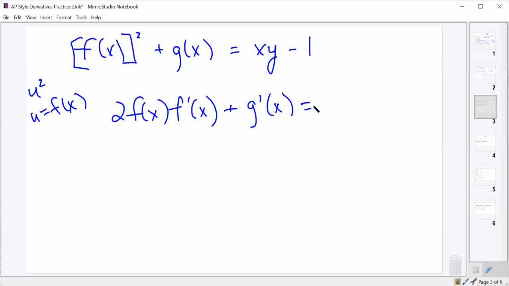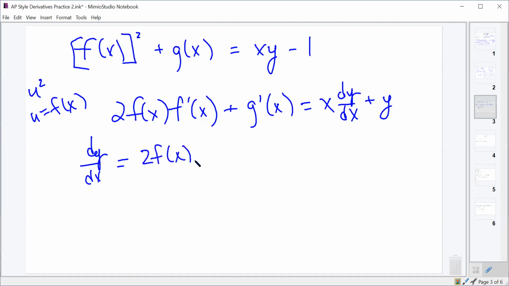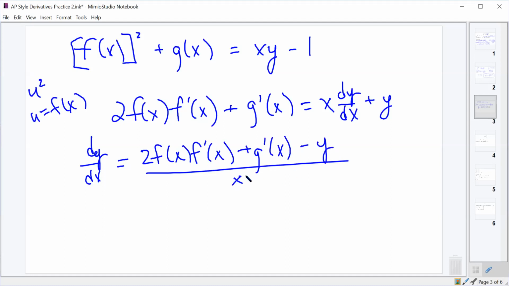And then the derivative of xy, we use the product rule: x times the derivative of y, plus y times the derivative of x, which is just 1, and then the minus 1 becomes 0. So our dy/dx value should equal 2f of x, f prime of x, plus g prime of x, minus y, all over x.